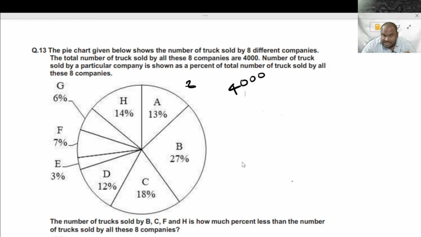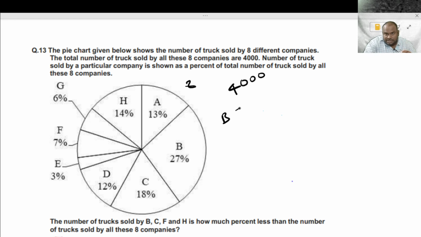How much percent less means subtracted from 100. So that will be the answer.